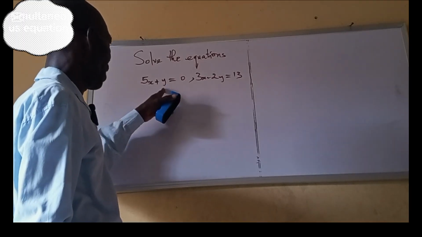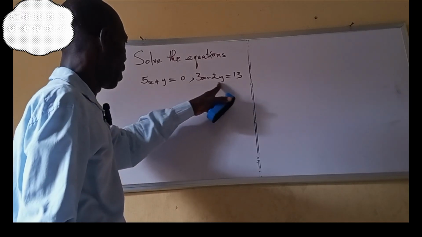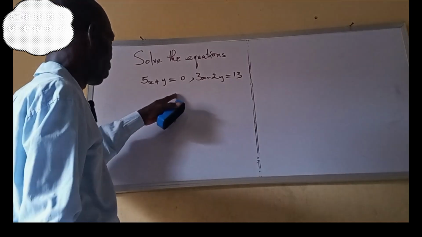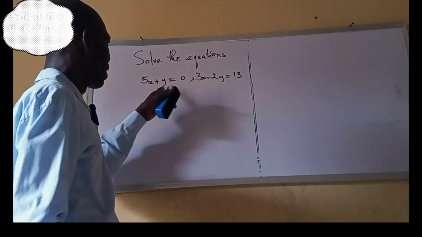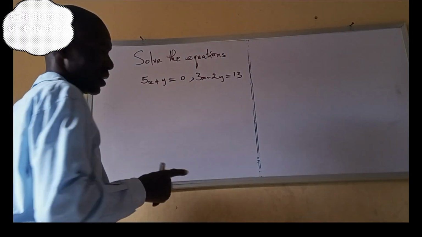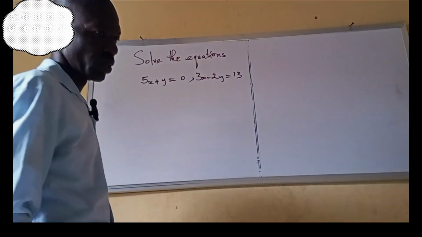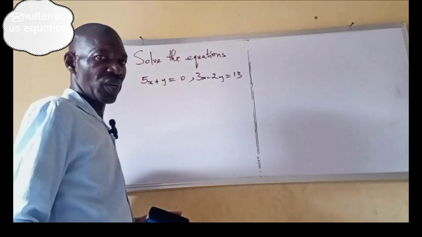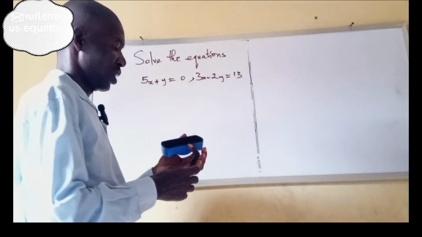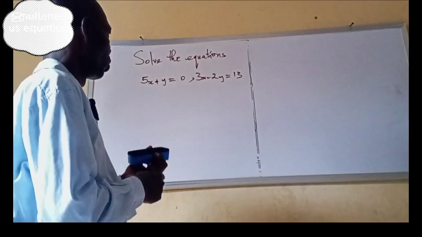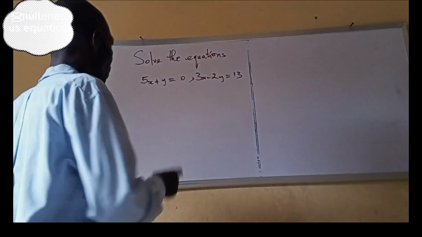If you have a pair of equations like this, in which one of the equations has 1 as coefficient, definitely you are going to use the algebra method known as the substitution method. So we are going to be using the substitution method in solving this pair of equations.